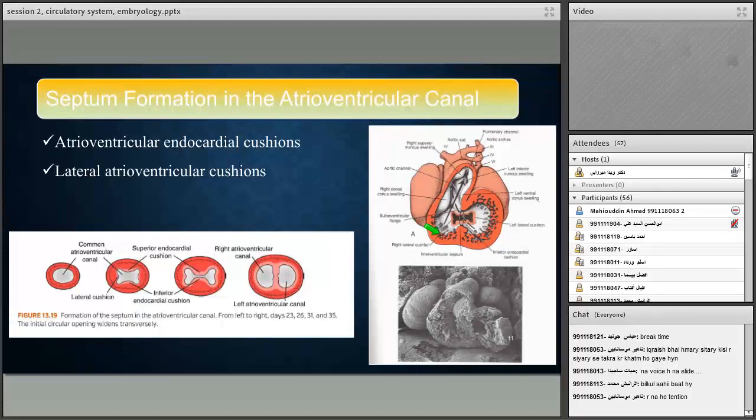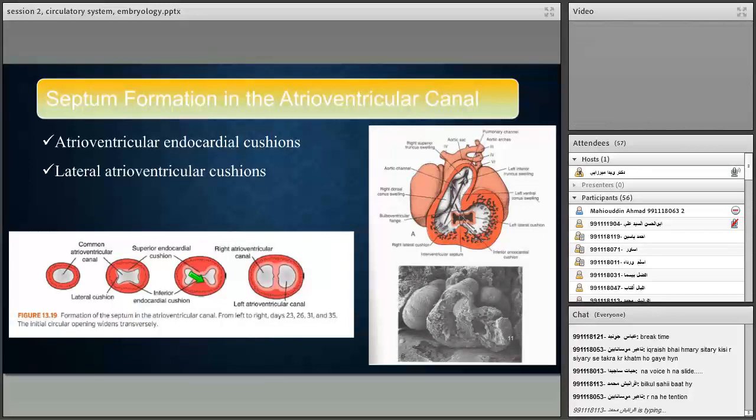As you pay attention, we have also some lateral endocardial cushions which are appearing in the right and left borders of the canal, but their proliferation is much less than the superior and inferior ones.